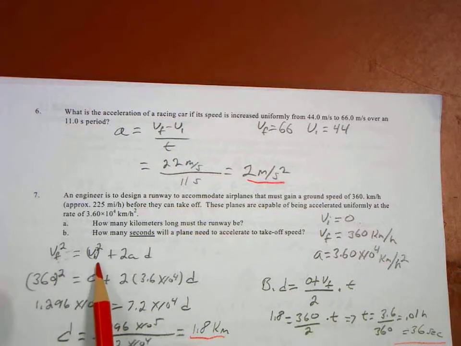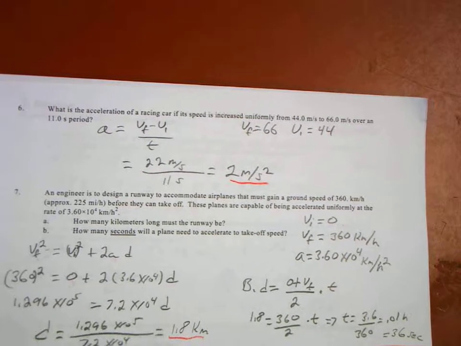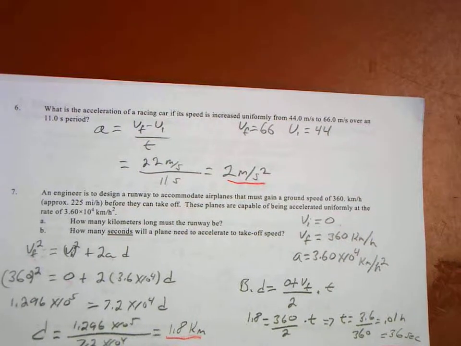We know our initial velocity was 0. 2 times acceleration times distance. We know acceleration. So we square the velocity and we get 1.296. And that's going to be equal to 7.2 times the distance. You divide the two and you get the total distance needed for the runway.